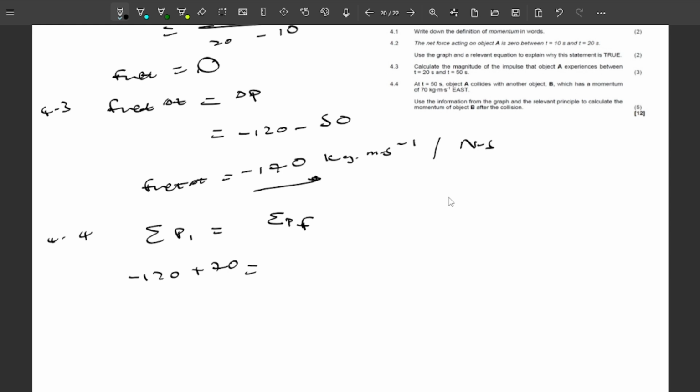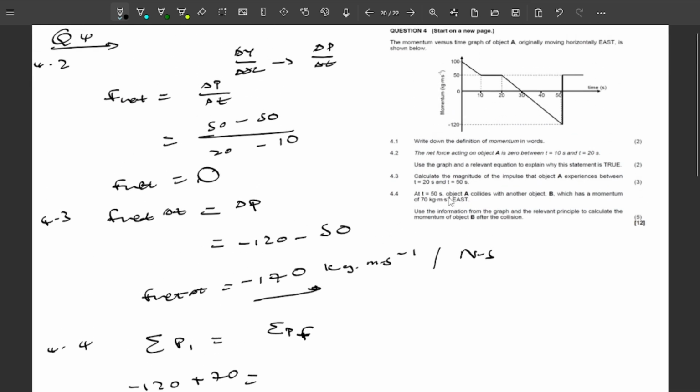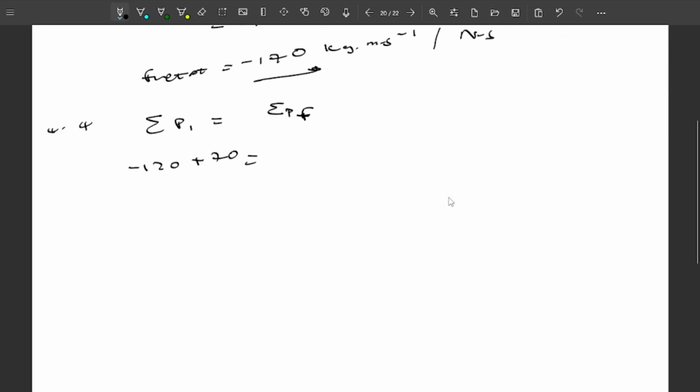The final momentum. What is the final momentum? The final momentum, we do have it, which is what? For object A, it's 50. But then we don't have it for the other object, which is unknown. Let's just write it like this. So we know that we're going to add them up. So negative 120 plus 70, it's negative 50.